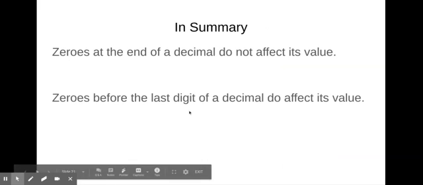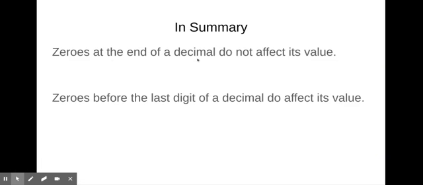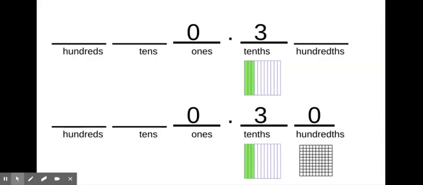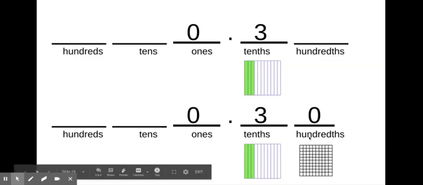So to summarize, if there are zeros at the end of a decimal, they don't really affect its value. Think about this 3/10 and this 30 hundredths. Both of them showed the same picture when we drew it out. They both had 3/10 and no hundredths.